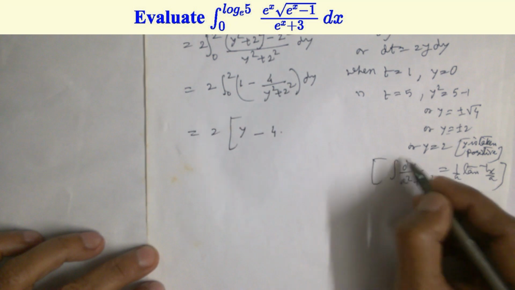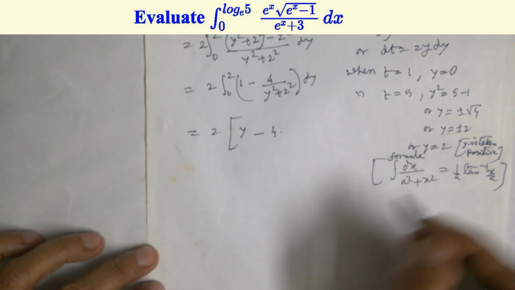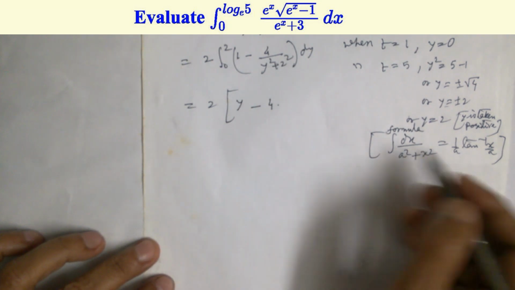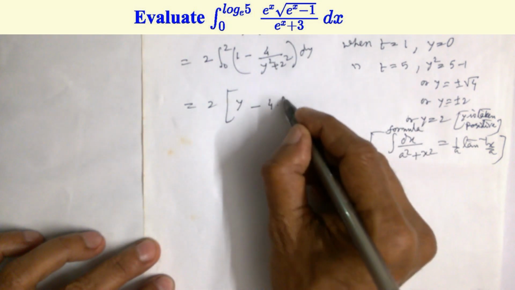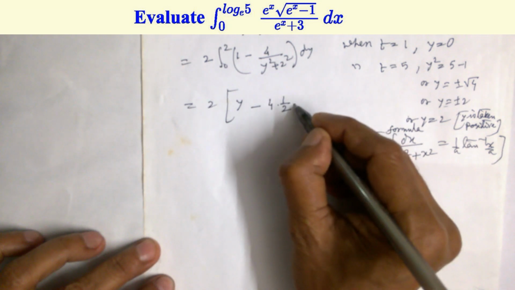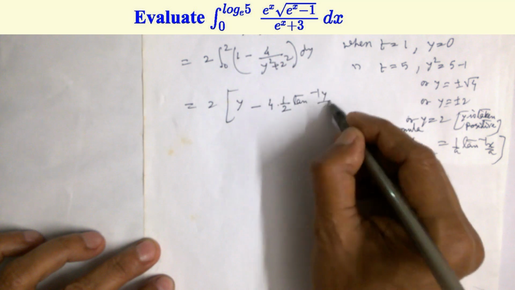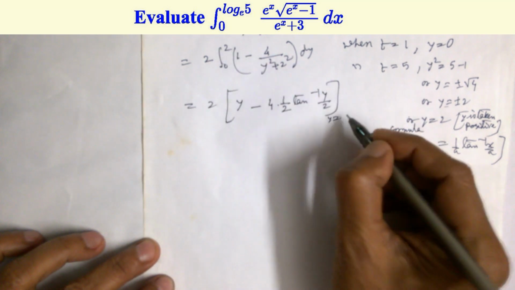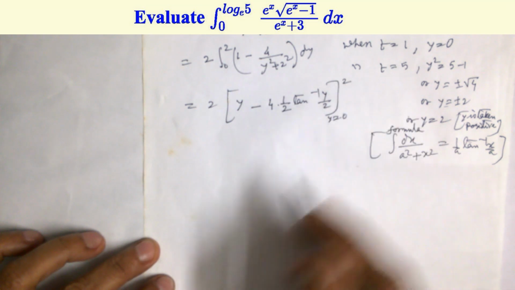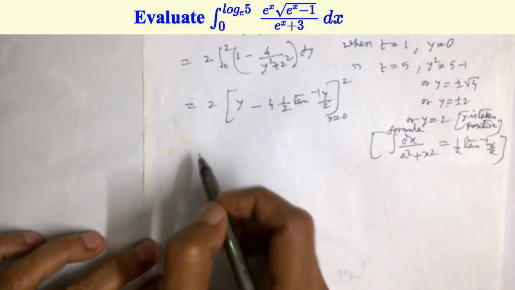This is the formula. So comparing with this, a means 2, 1 by 2 tan inverse y by 2, with y from 0 to 2. That means first replace y by 2 and second replace y by 0.